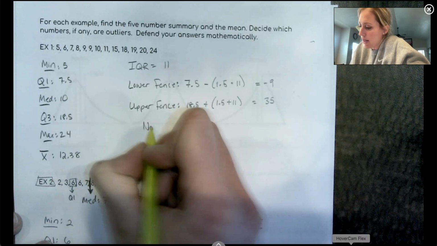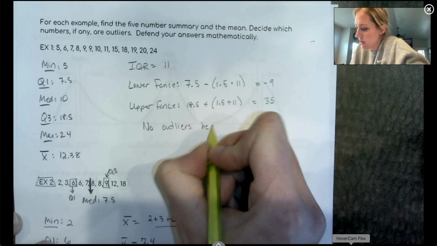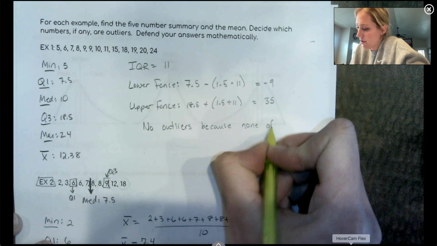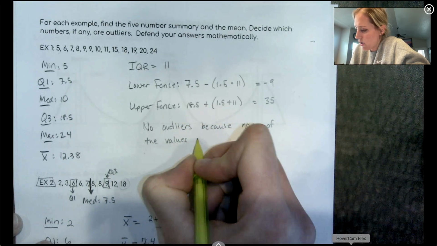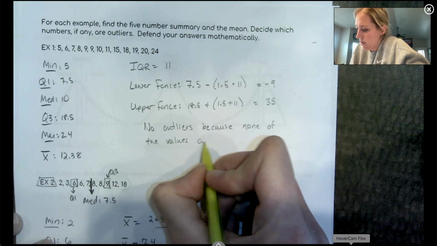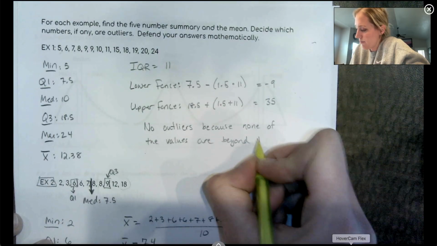So no outliers, because none of the values are beyond the upper and lower fences.